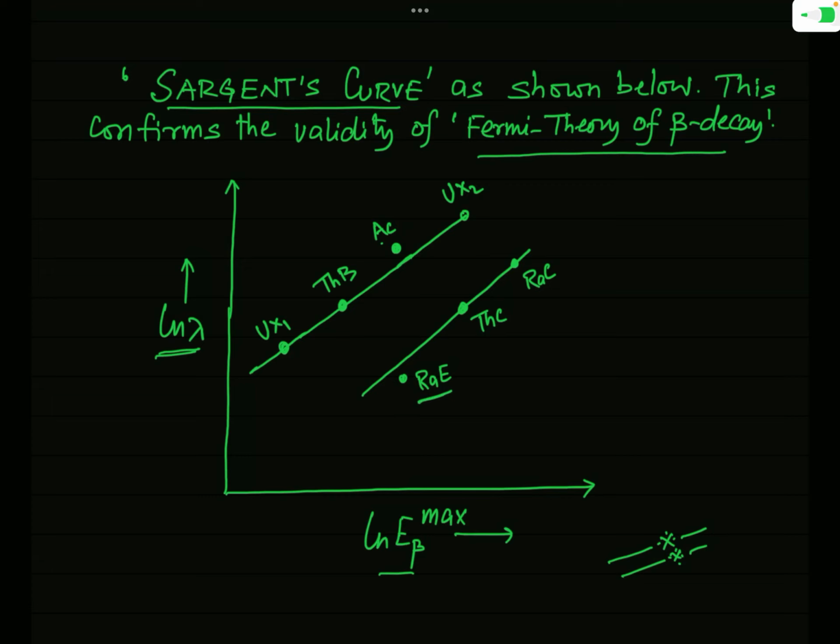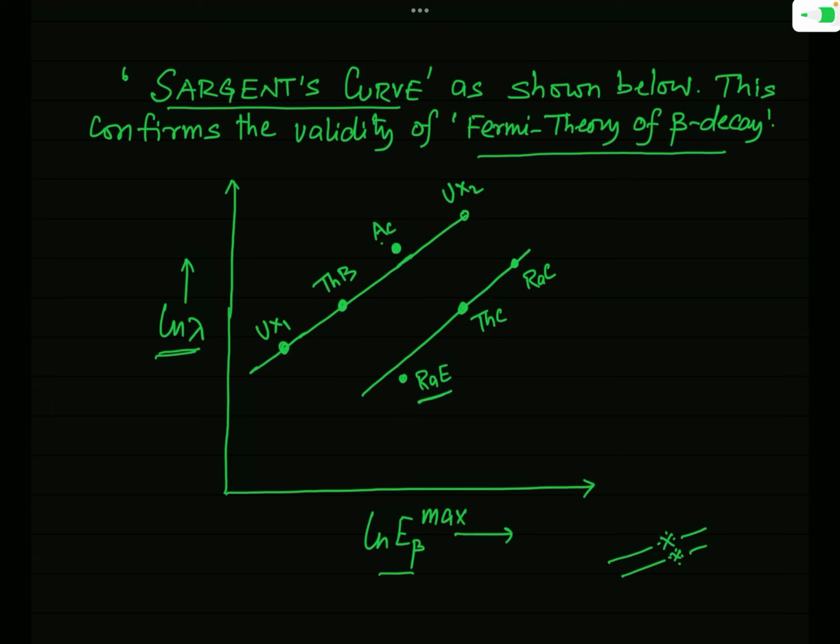So these nuclei for which the position is slightly different from the Sargent curve will give a slightly different value in experiment from the theoretical value. But for most of the nuclei, you can see that they lie on these straight lines.